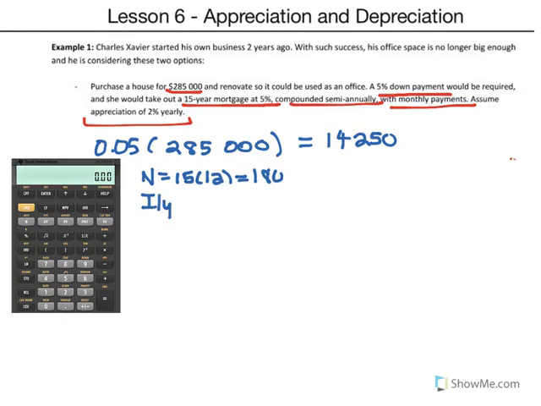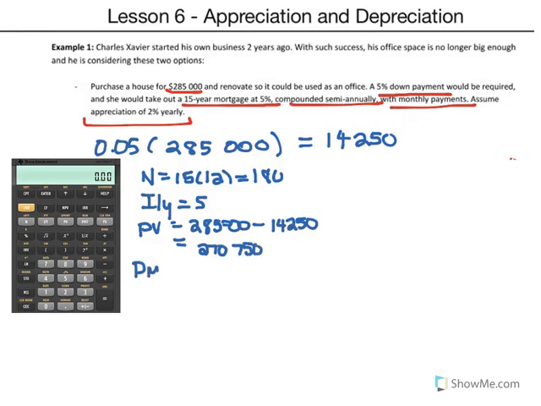His interest rate per year is 5%. His present value is going to be the $285,000 subtract the $14,250, so it's equal to $270,750.